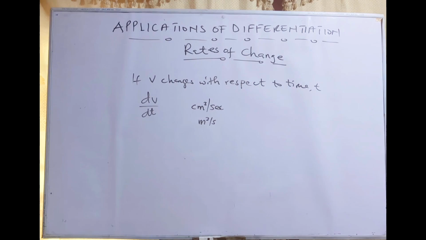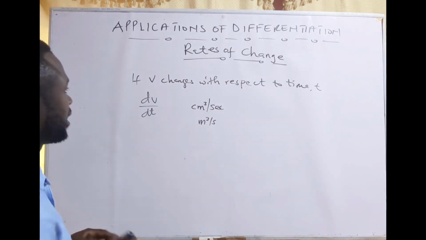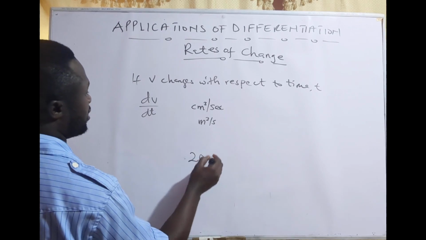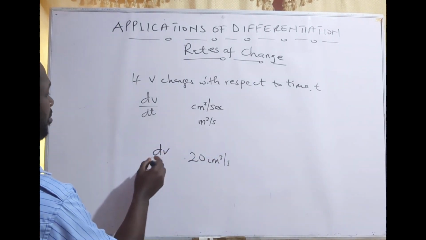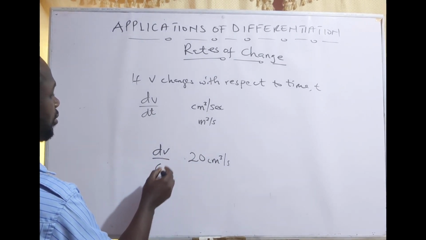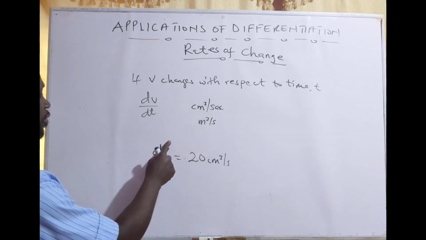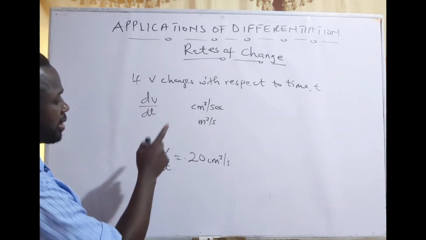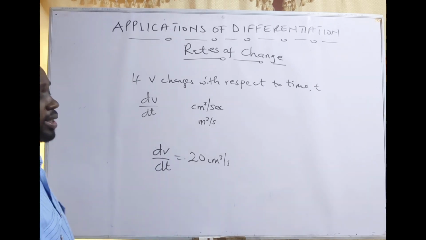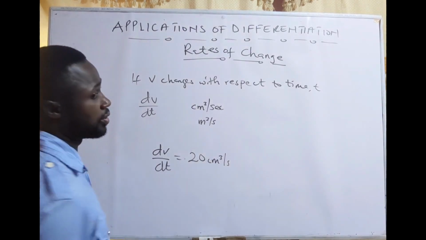Here you can be asked, let's say, the volume of a cube increases at the rate of 20 centimeter cube per second. That is dV on dt, because it's the increase with respect to time.